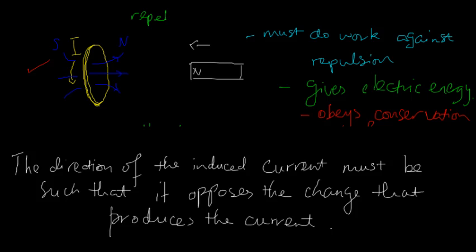And the most abstract bit of this is probably these two words, "such that." What do you mean by "such that"? It is not as if it is the direction of the current that is opposite to, say, the motion of the magnet, right? The change is another abstract part of it.